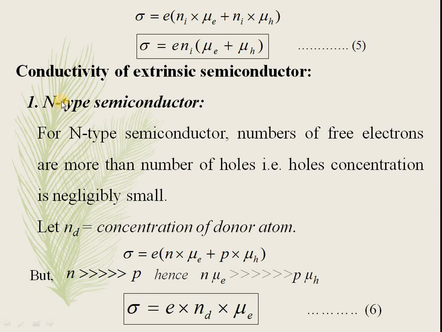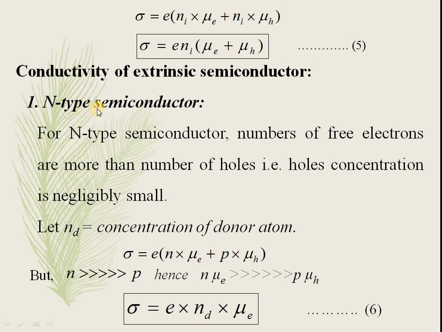When a pentavalent impurity is added to the pure form of semiconductor, that semiconductor is considered an N-type semiconductor. A pentavalent impurity contains 5 valence electrons. Among these 5 valence electrons, 4 form covalent bonds with the neighboring atoms and 1 electron remains, which is free to move in the semiconductor.